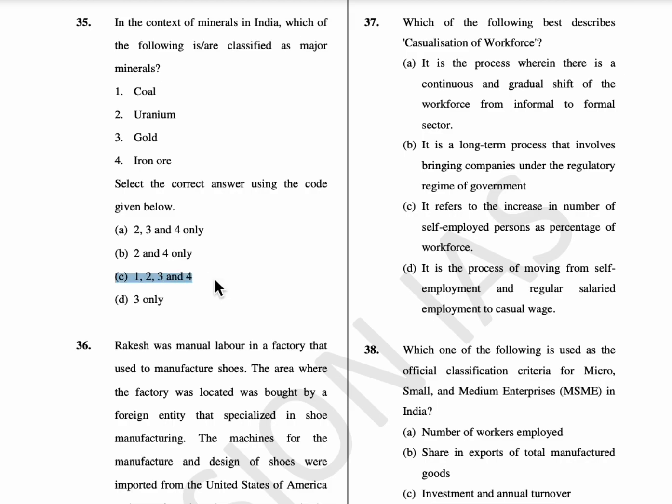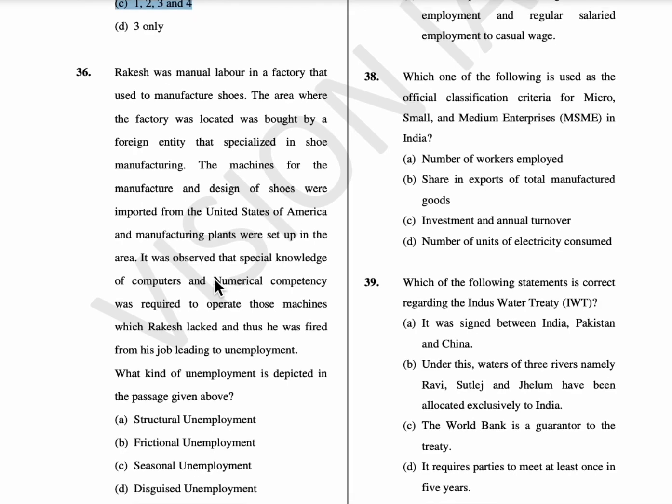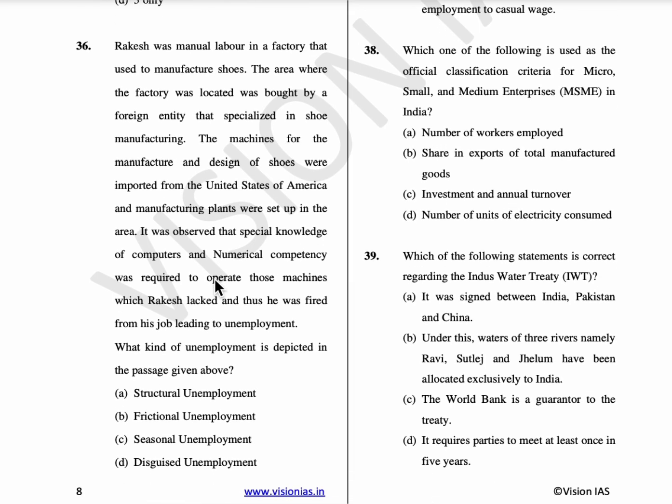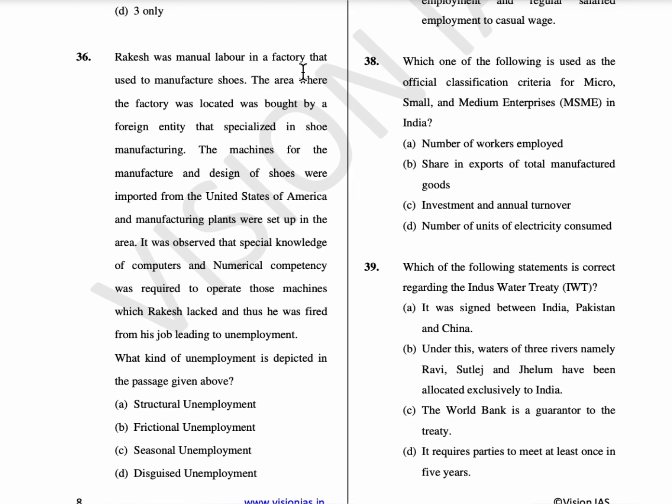So option C. Coming to the 36th question, Rakesh was a manual laborer in a factory that used to manufacture shoes. The area where the factory was located was bought by a foreign entity that specialized in shoe manufacturing. The machines for manufacture and design of shoes were imported from the USA and manufacturing plants were set up in the area.